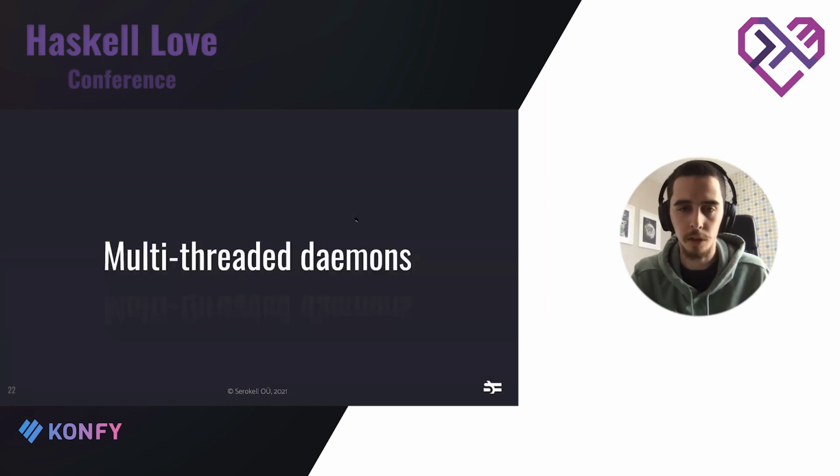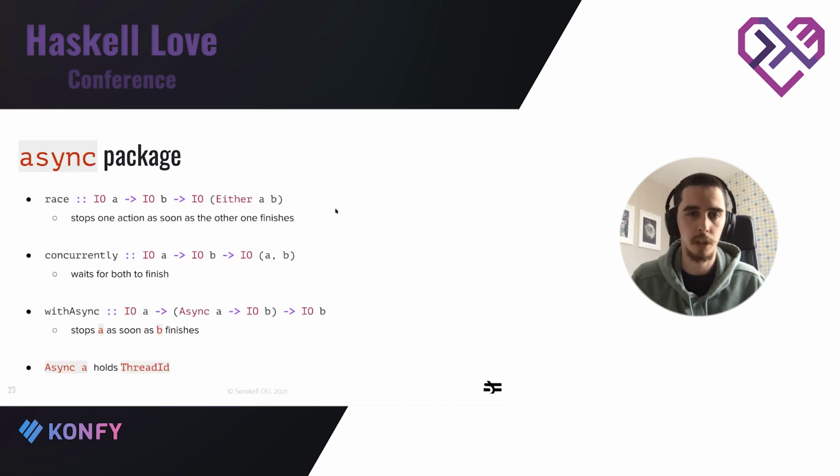Okay. The third part is about multi-threaded daemons. That is applications that run for a long period of time and spawn multiple threads. Normally, they are stopped externally rather than on their own. Firstly, I want to recommend using the async package in such applications. It exports two primary functions, race and concurrently.